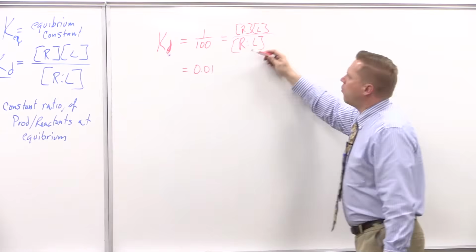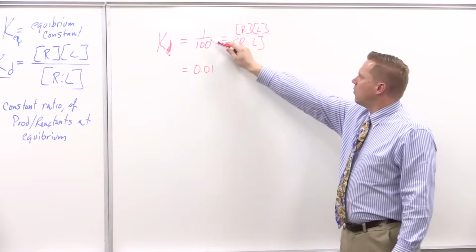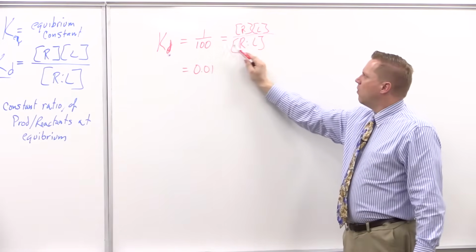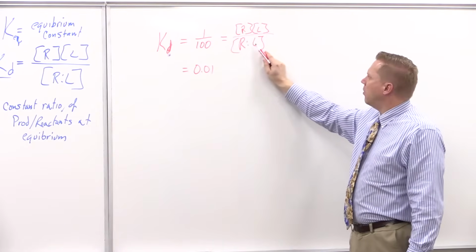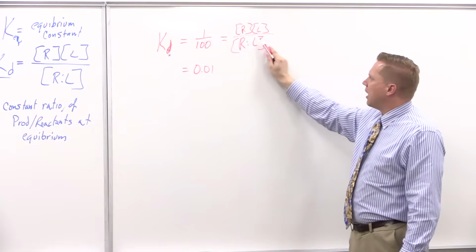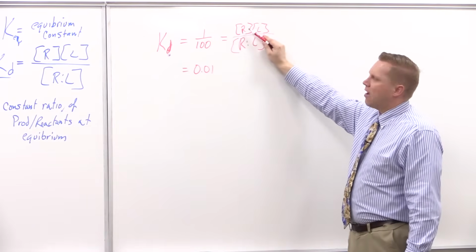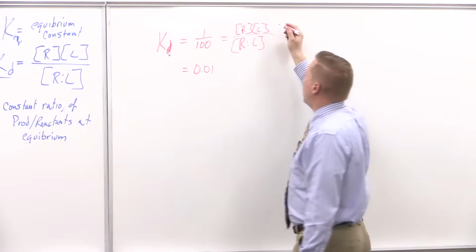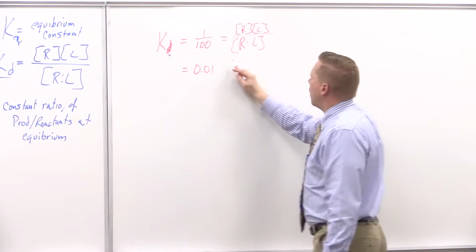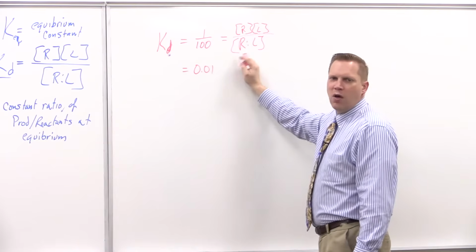And so now in this form, notice that for every 100 receptor and ligand complex, we would only have about 1 representation of a receptor and ligand. And so in this case, notice that we're favoring the complex itself.